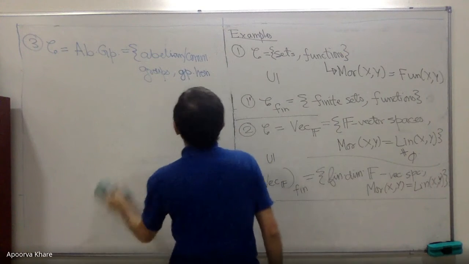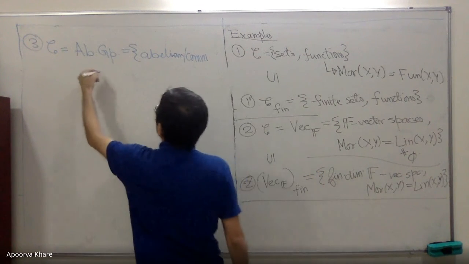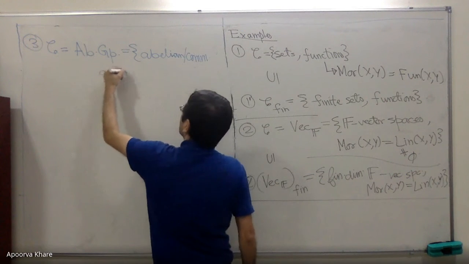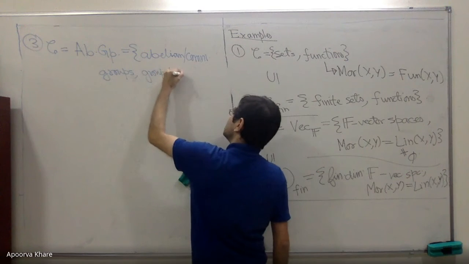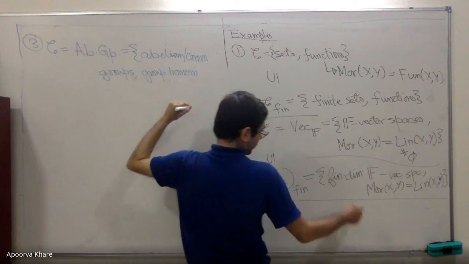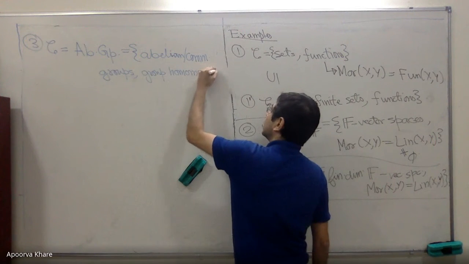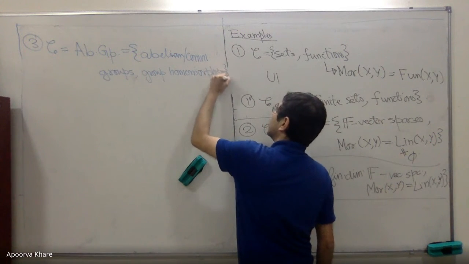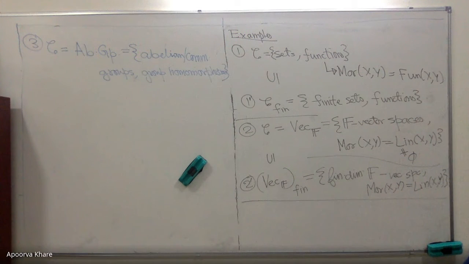Sorry, I should really write this down correctly. So this morphism is really a homomorphism for the groups. Now, groups are by definition always non-empty. You never find an empty set that can be a group.